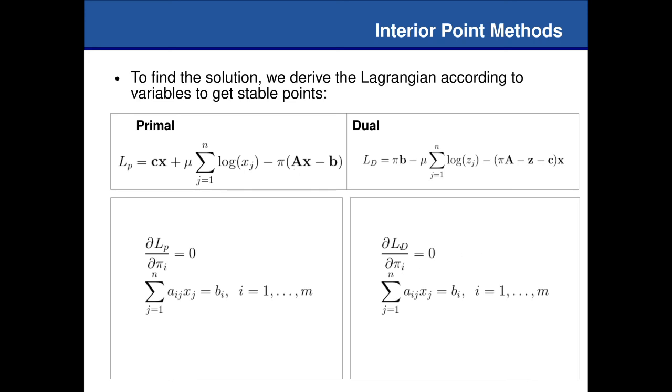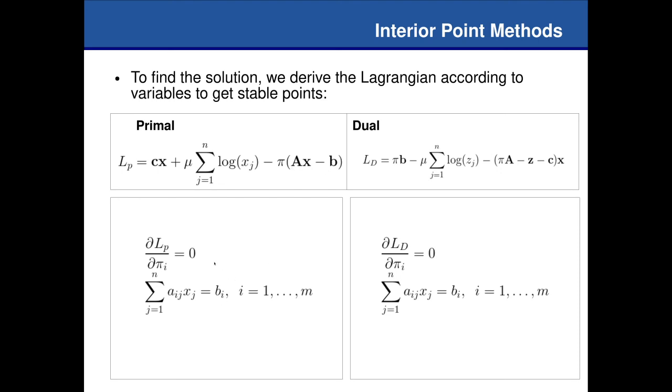Here, if I differentiate in terms of pi_i, I'll have the same solution. Interesting. It makes sense. Actually, you know what, guys? Here, this is a Lagrange multiplier, which is a Lagrange multiplier in my primal form, and it is my main variable in the dual form. If I differentiate in terms of it, of course I get the primal feasibility, or the primal constraint.